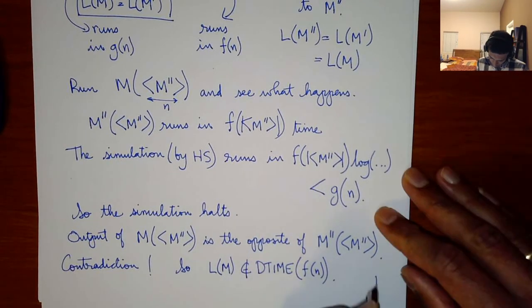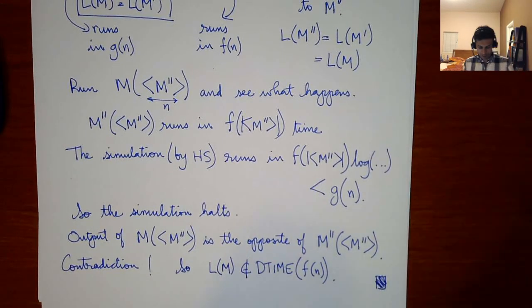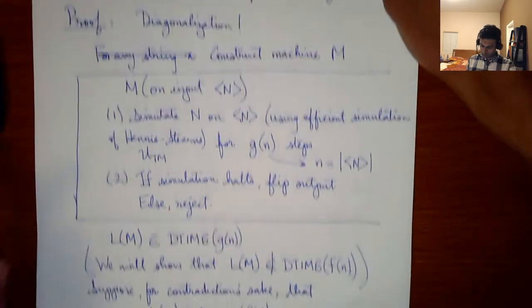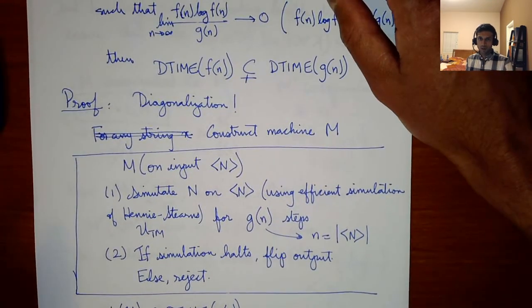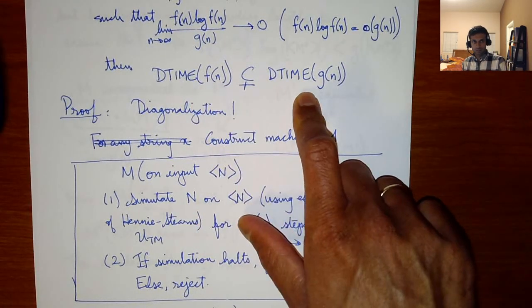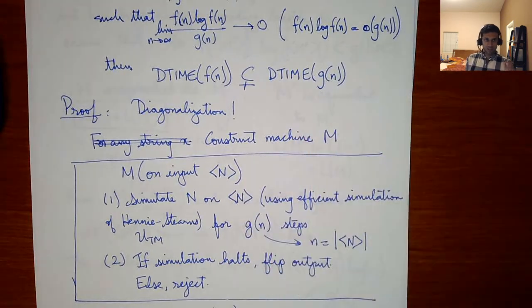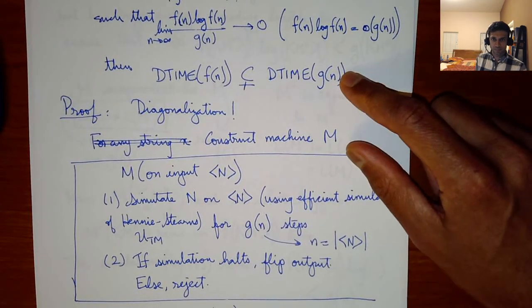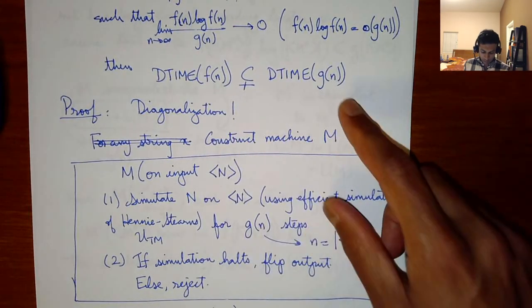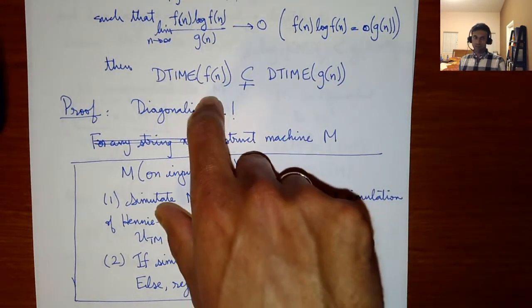Okay, this is quite a bit to take in. So let's go over this again. What's the idea? Let's go back to this machine. You want to say that DTIME f(n) is not DTIME g(n), meaning that there is a language that can be decided in g of n time that cannot be decided in f of n.